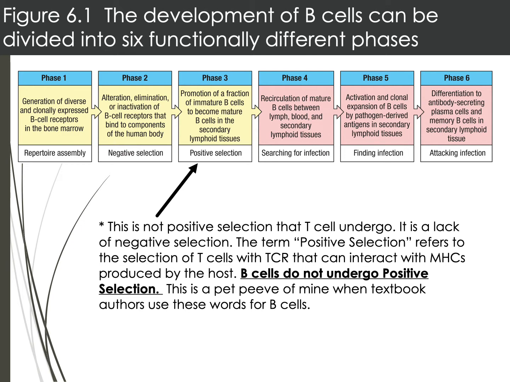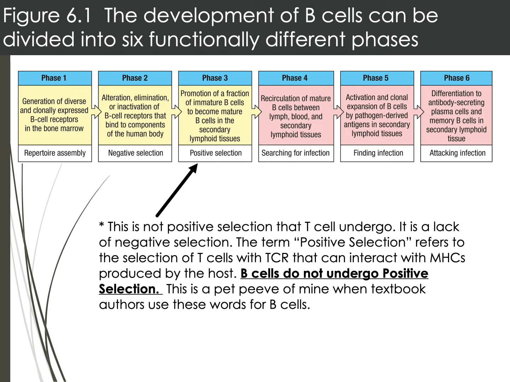What negative selection is, is where the B cell receptor is basically tricked into responding to self. And if it does that, it is deleted. So what you want is a B cell receptor that does not recognize self. So you want a negative, right? So hence why it's called negative selection.